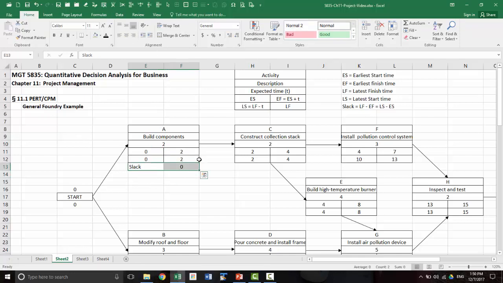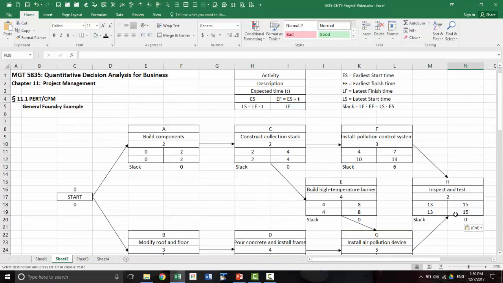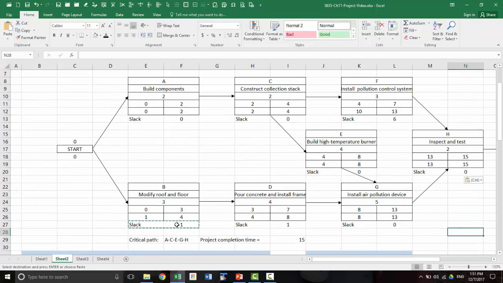This is the same formula for all the nodes, so we can just simply copy and paste, and you see that when the earliest and the latest times are the same, slack is 0. Otherwise there is slack. The ones with slack are the non-critical activities. So B, D and F are non-critical. Slack 0 means critical.